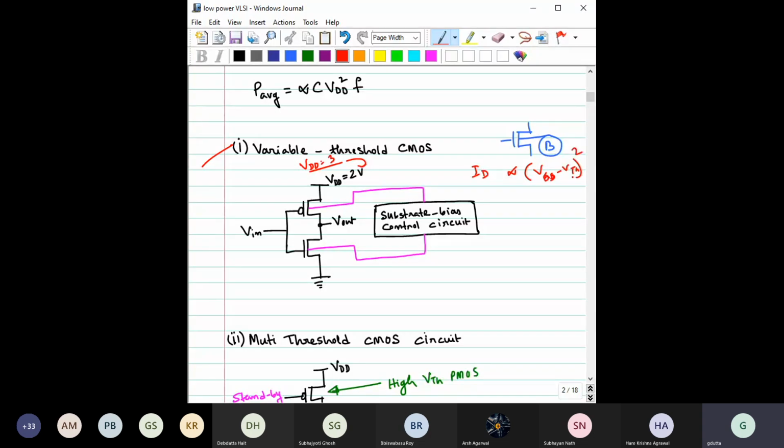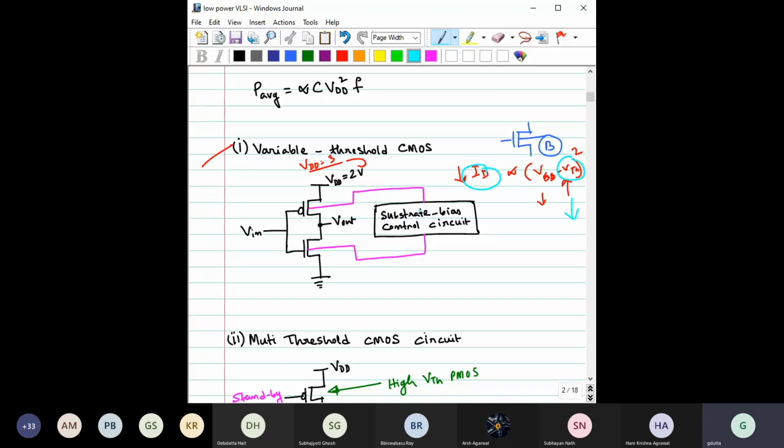You are increasing VTH and reducing VDD, so ID will fall, and that will increase the delay. But if there is any means by which you can reduce the threshold voltage at almost the same level as you are reducing VDD, then this ID level will be kept intact, and probably you will not lose much on the delay side.